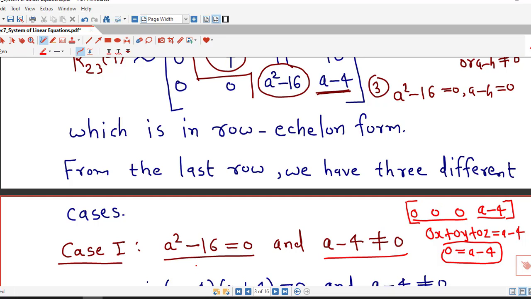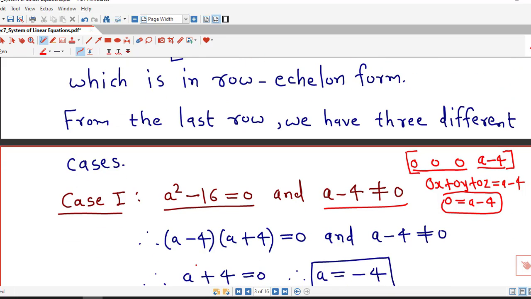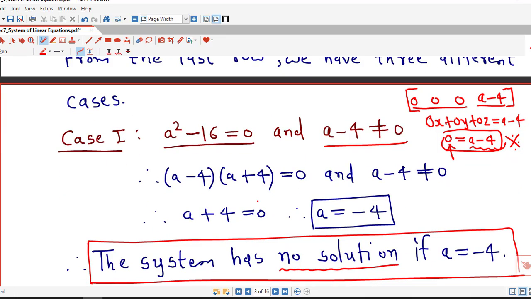So if a square minus 16 is 0 and a minus 4 is non-zero, then we get contradiction. This is not possible. So if a square minus 16 is 0, there are two possibilities: either a minus 4 is 0 or a plus 4 is 0.